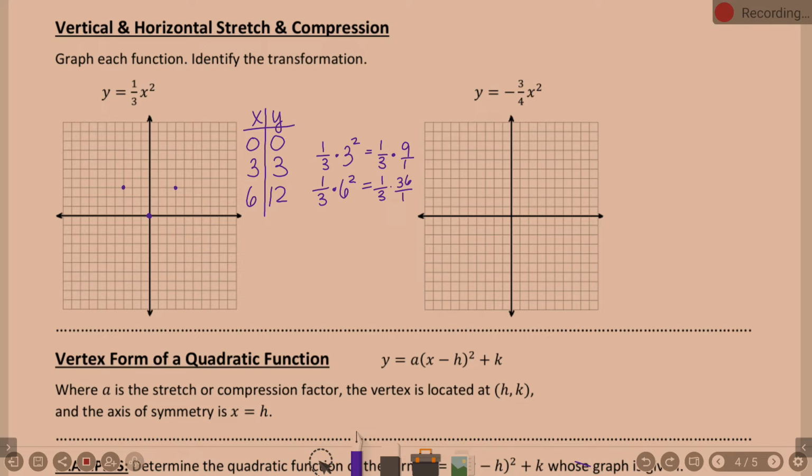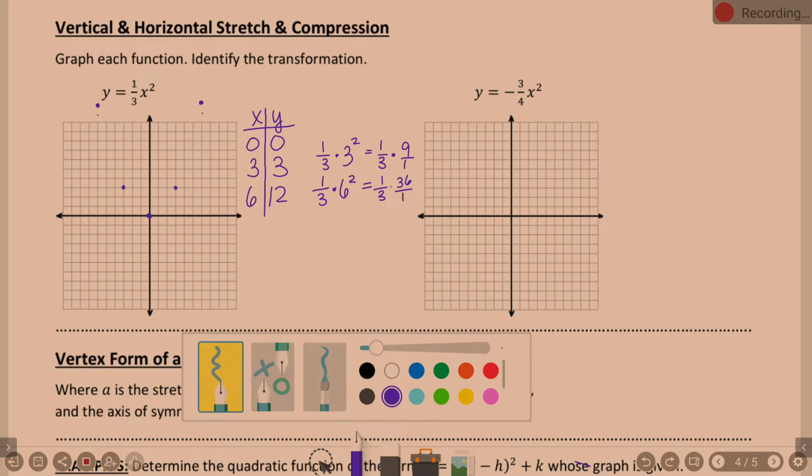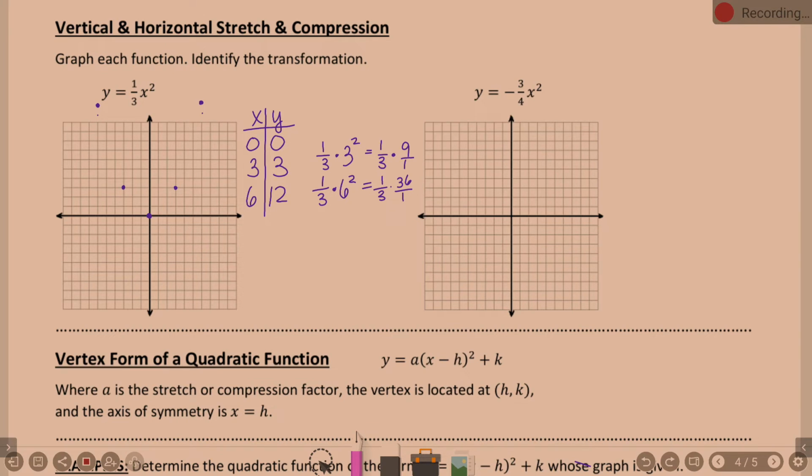Now, my graphs go up 10. I am not opposed to, if you need to go off the graph a little bit, make it spacing appropriate. That's perfectly fine. I'm also going to go left 6 and up 12. And again, do your best to make that U shape.